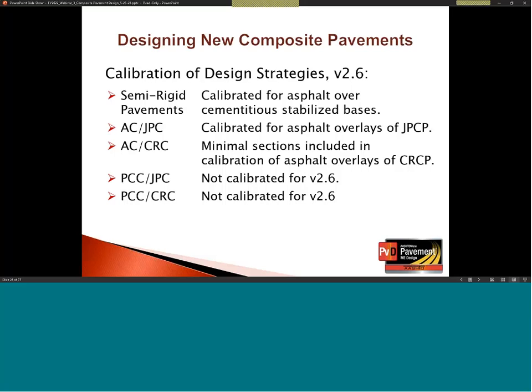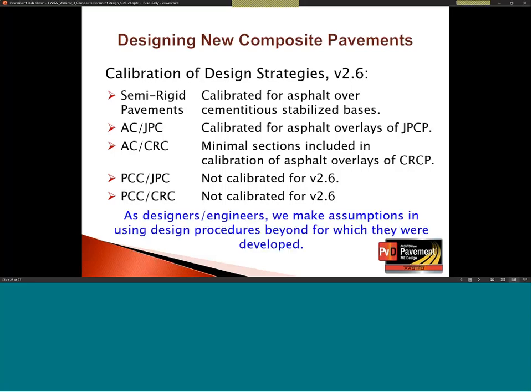We'll get into that in just a minute, or when we talk about calibration later on. But I wanted to specifically note that those two design strategies, higher quality mixes over lower qualities or two-lift construction, have not been specifically calibrated using version 2.6. Gooder, go to the next slide.